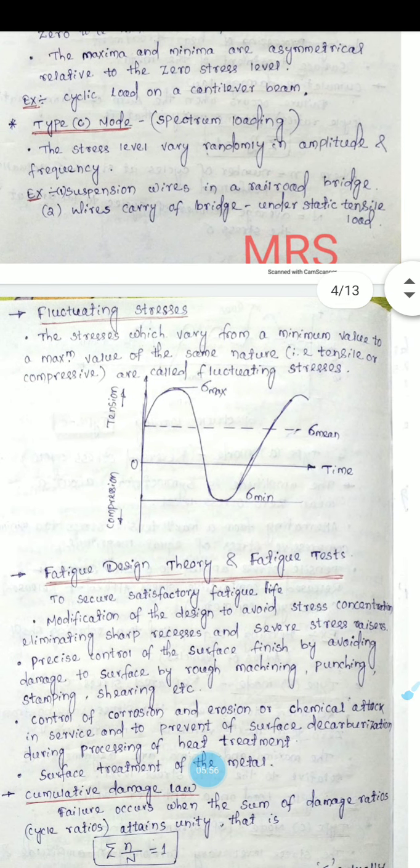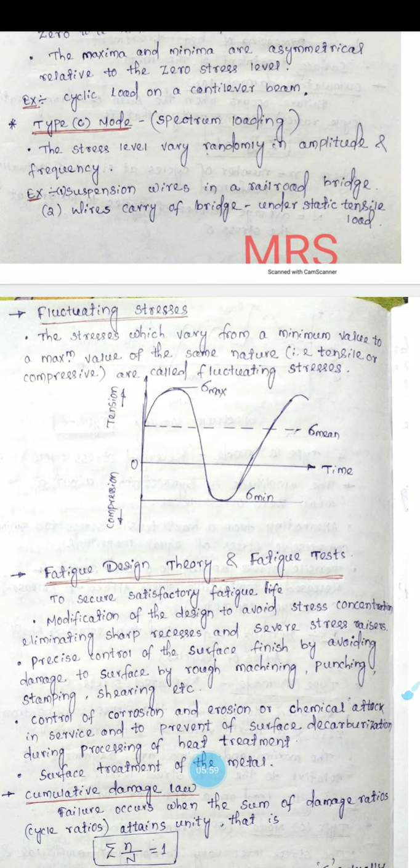Then fluctuating stresses. Fluctuating stresses means there would be some fluctuations. The stresses which vary from a minimum value to a maximum value of the same nature are known as fluctuating stresses. Simply see, this is a cyclic stress diagram, and this is of cyclic nature.